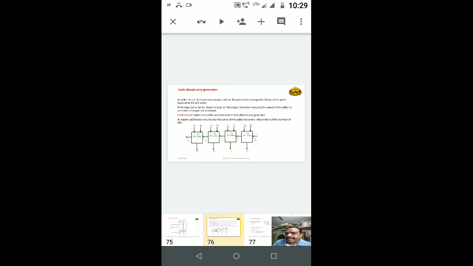It requires additional circuitry, but the speed of the adder becomes independent of the number of bits. In this slide, keep the point in mind that if you want to reduce the time of performing addition, you use the look ahead carry generator circuit for reducing the time of addition operations.